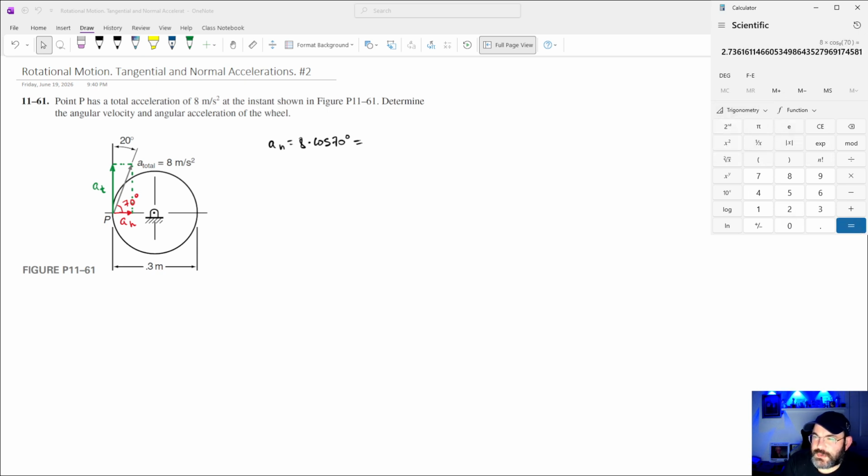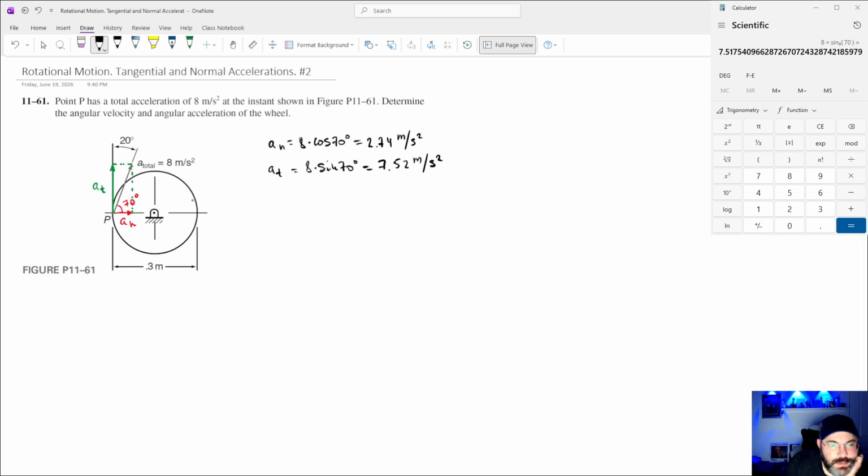So this is 2.74 meters per second squared, and then tangential component is 8 multiplied by sine of 70 degrees, so it's 7.52 meters per second squared.